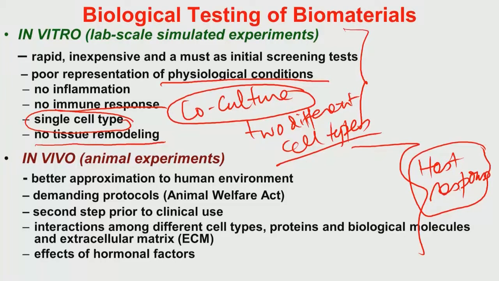In contrast, in vivo experiments, that is the animal experiments, are a better approximation to the human environment. Let me spend some time on this first point, what is a better approximation of the human environment. Essentially, the human physiological environment or human bone structure or bone composition or bone characteristics.